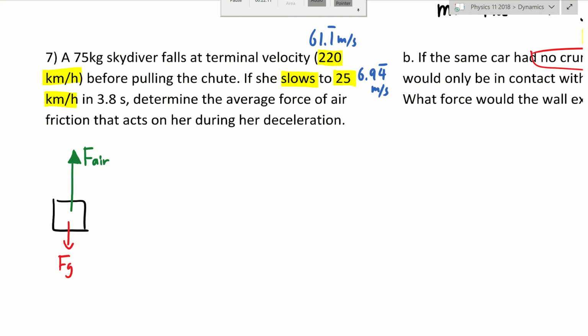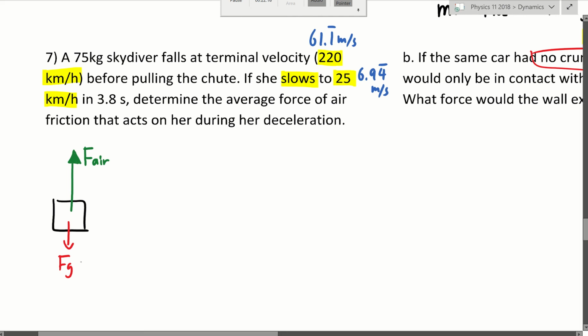Okay, so these are the two forces: air resistance versus force of gravity. For force of gravity, that's easy. Fg equals mg, the mass is 75 kilograms, and the gravitational acceleration is 9.8. Once you combine these, you get a force of gravity of roughly 735 newtons.